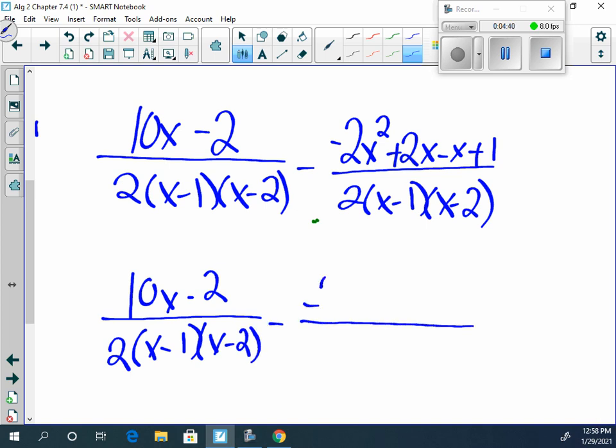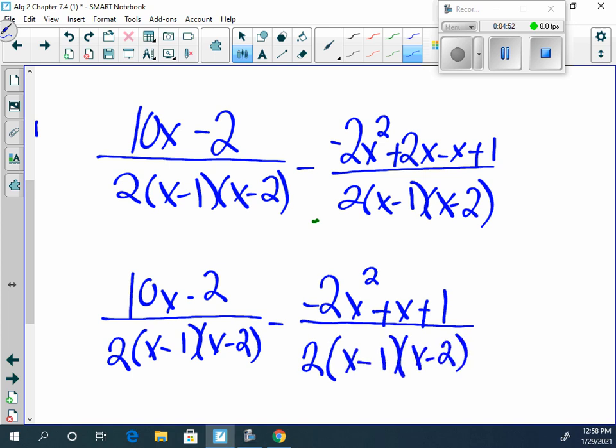Because 2x minus x will just give us plus x, and everything else stays the same. So the 2x minus x, we can combine because they are like terms. Any other questions on any of this?